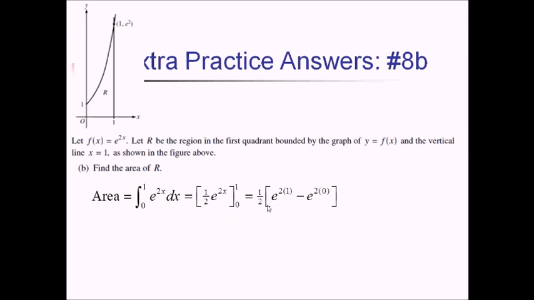So this is going to be 1/2 parentheses e squared minus 1 if you really want to simplify this. And you could distribute this 1/2 if you wanted to, or put all this stuff over 2, but why bother? Even back at this step, you actually could have stopped because you've got all constants, and it's a free response.